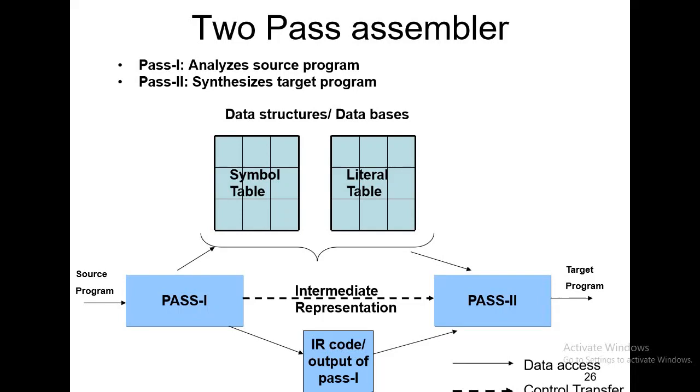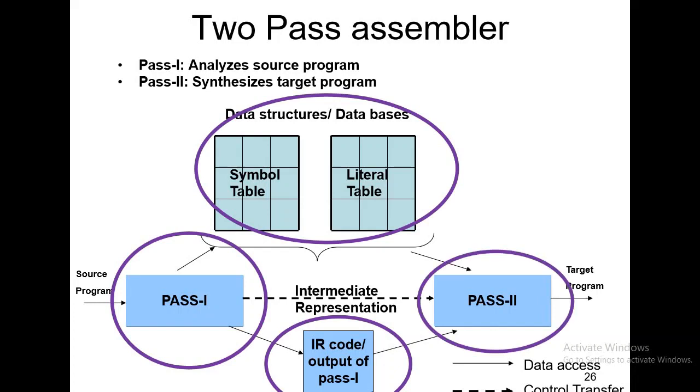Now you have a source program, which is in assembly language, which you give to the pass 1 assembler. Then the pass 1 assembler generates the intermediate code as output, which is given as an input to the pass 2 assembler. The pass 2 assembler will generate a target program which is in object form. So we can say that the output of pass 1 is given as an input to the pass 2 assembler.